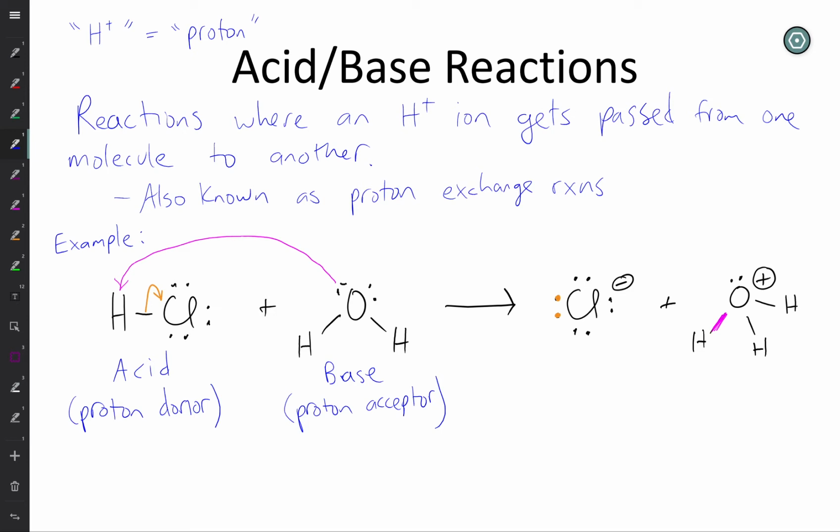And we have words for the products in this reaction too. After HCl gives up H plus, it becomes Cl minus. Notice that Cl minus could go out and grab that H plus back. So Cl minus could act as a base. And the word we give it when it's the product of the reaction like this is the conjugate base.